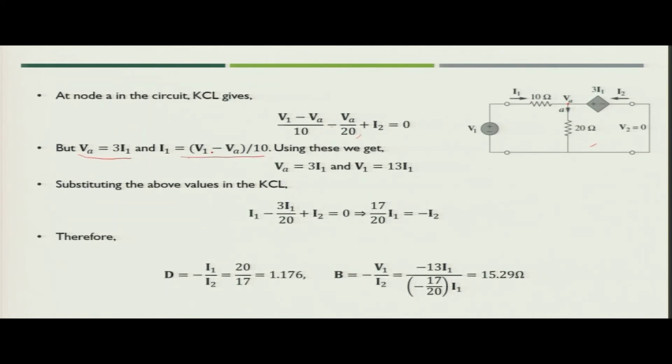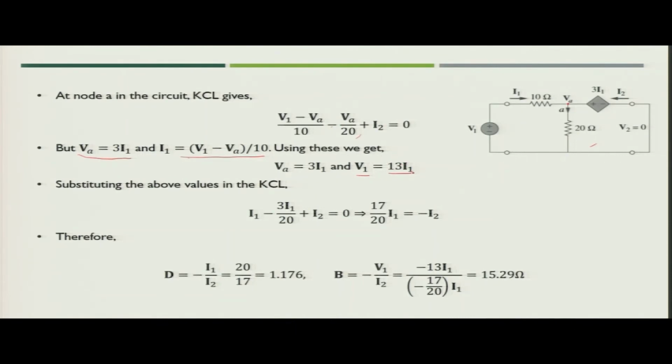So, we have these two pieces of information in our hand. What we can now say is the value of V1 in terms of I1, because VA we know is equal to 3 I1. So, we can put it here, and when you simplify, you get the value of V1 as equal to 13 I1. If you put VA equal to 3 I1 here and simplify, you will get V1 equal to 13 I1.